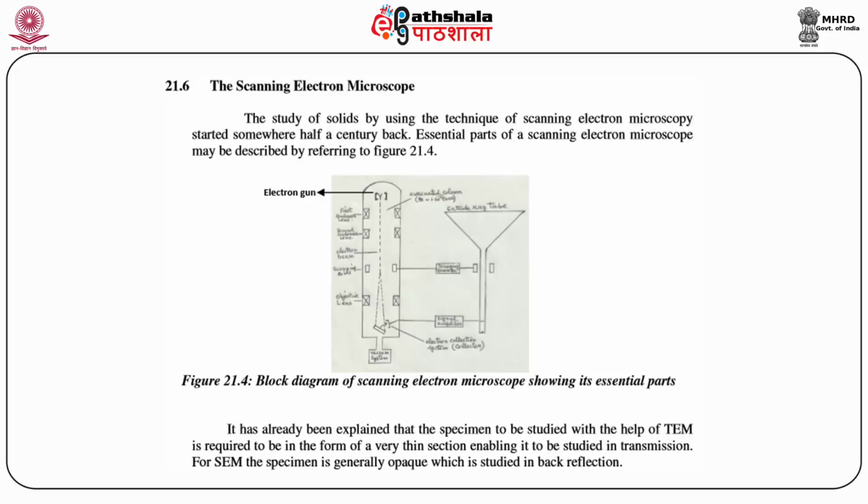It has already been explained that the specimen to be studied with the help of TEM, that's transmission electron microscopy, is required to be in the form of a very thin section, enabling it to be studied in transmission. For SEM, that's the scanning electron microscope, the specimen is generally opaque, which is studied in back reflection.